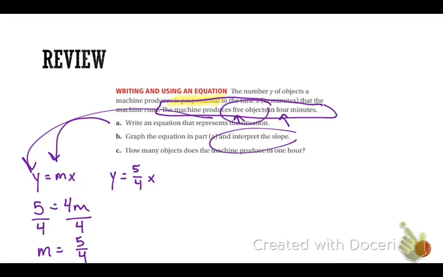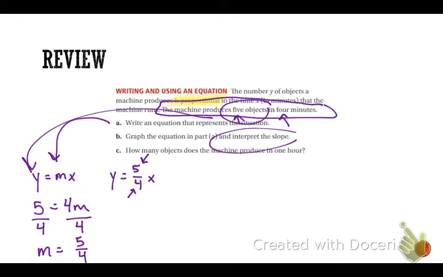All right, so I don't know why it says to interpret the slope, because it basically already told us the slope in the scenario, but we'll talk about it anyway. So to interpret the slope, I'm basically just taking my rise value and my run value. Do you remember how we said slope is rise over run?